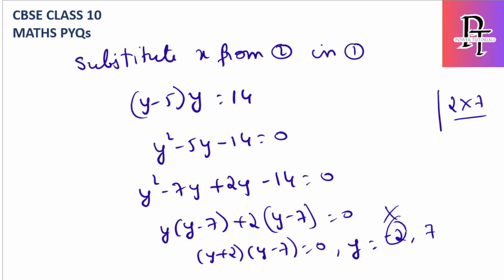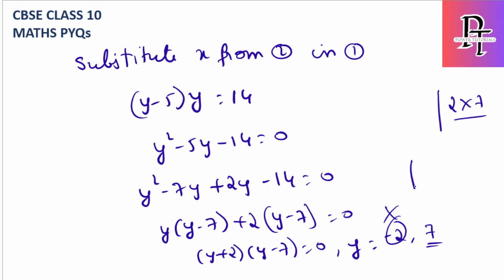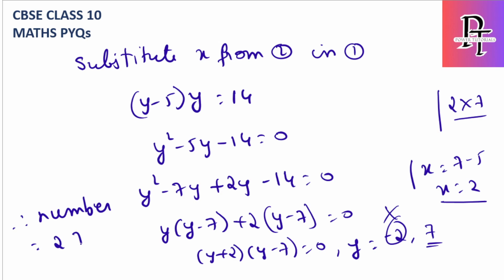Minus we should not consider, so the only value is 7. So units place is 7. Let's use the second equation here, x is equal to y minus 5, which is 7 minus 5, so x value is 2. Therefore the number is x comma y, which is 27.